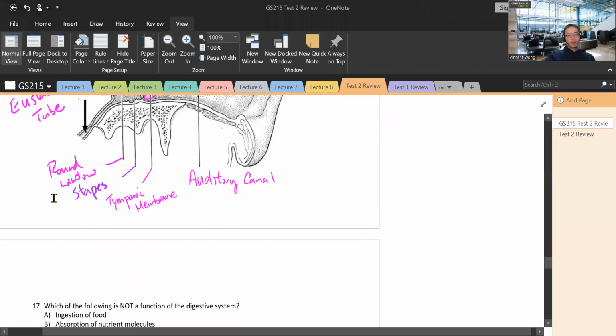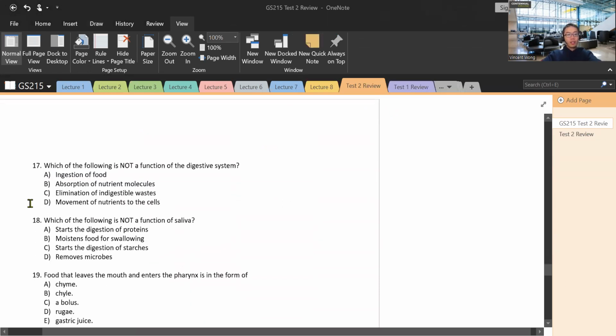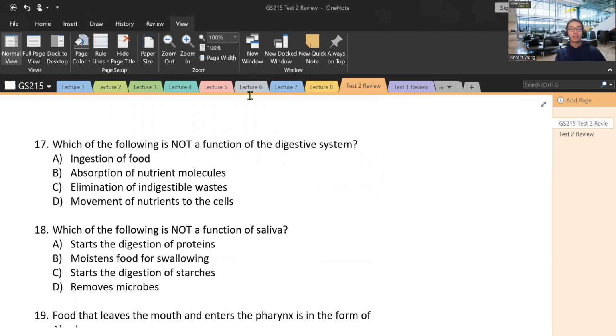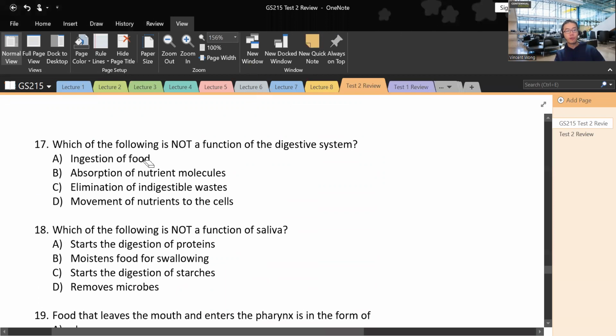All right, I'm going to take up a few multiple choice questions here for the digestive system. Which of the following is not a function of the digestive system? So ingestion of food, that is a function. You put your food in the mouth and swallow it. Absorption of nutrients and molecules, that's true.